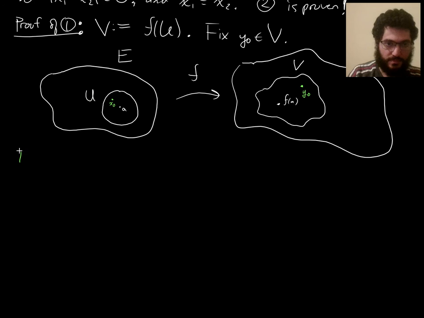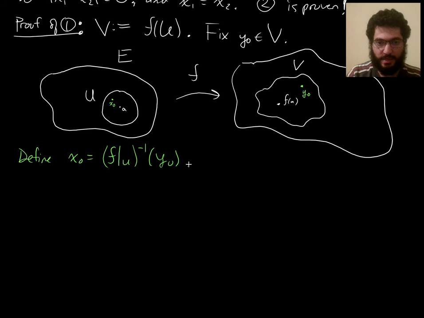That x naught has a name: f restricted to U is invertible, so it has an inverse, and I can apply that inverse to y naught. So just define that to be x naught, which makes it so that f of x naught is y naught.